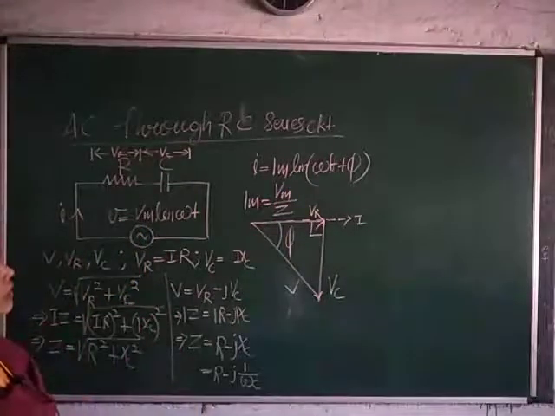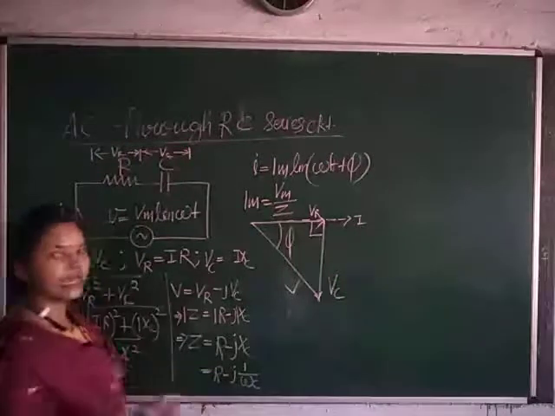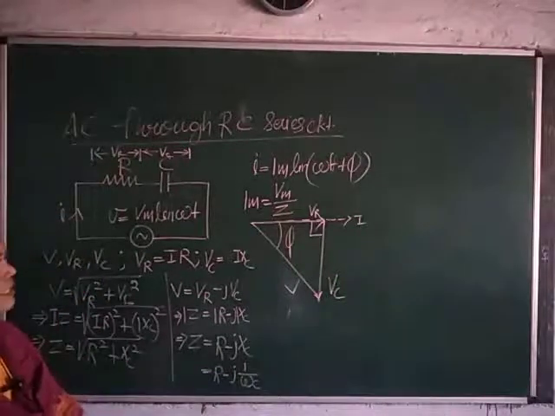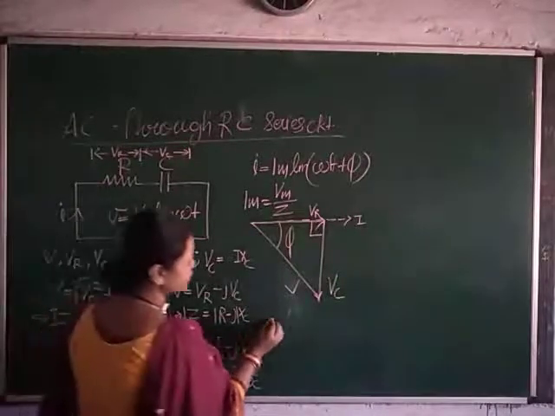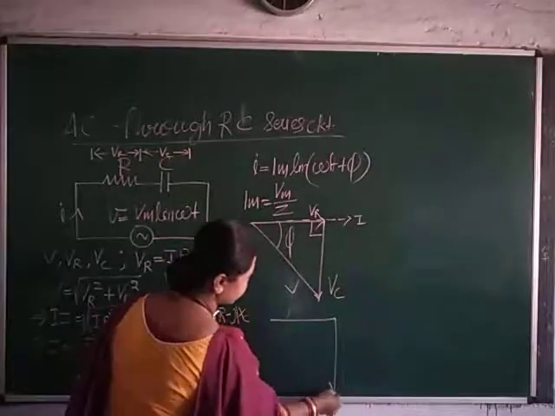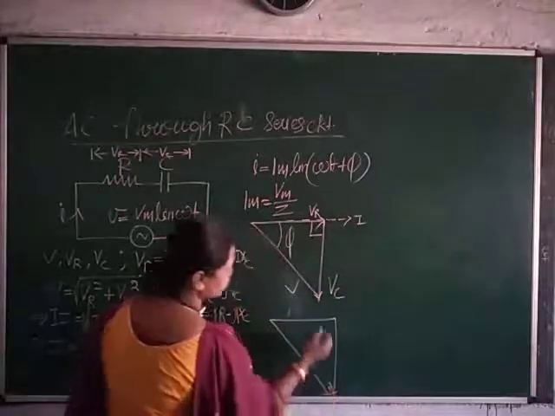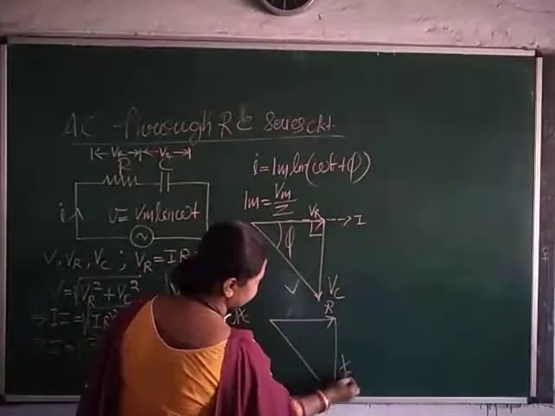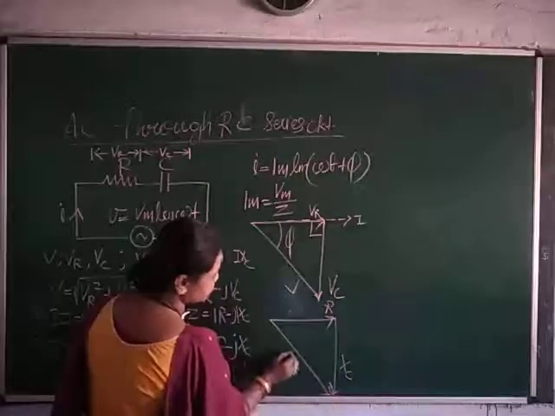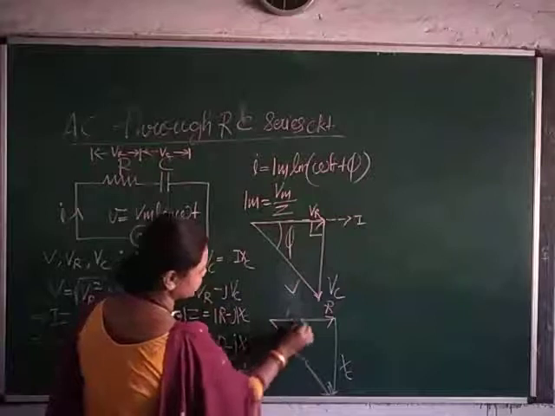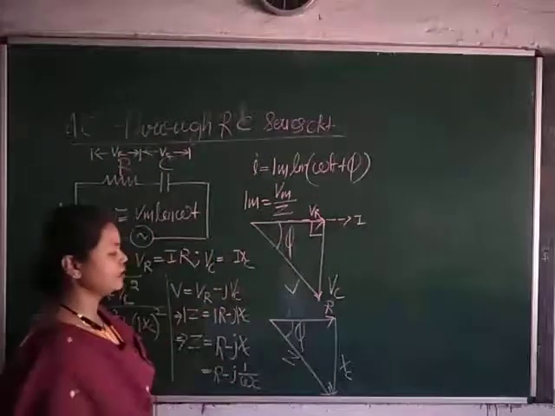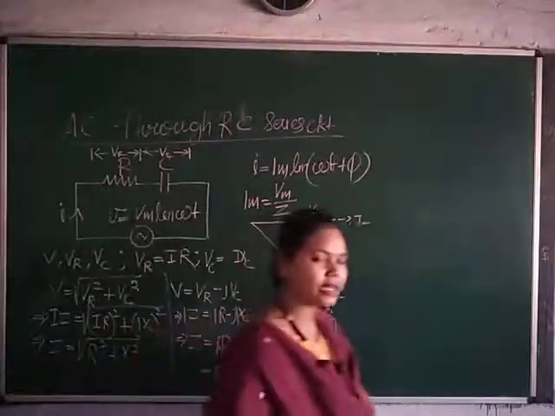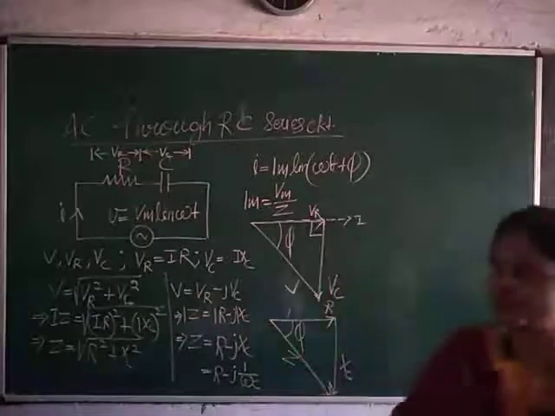Now you draw the impedance triangle. Likewise in the case of the RL series circuit, here also you draw the impedance triangle. This is the phasor for R, this is the phasor for Xc, and this one is the phasor for Z, and this angle is the power factor angle phi. The second diagram is called the impedance triangle.